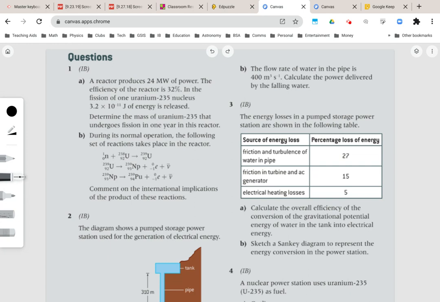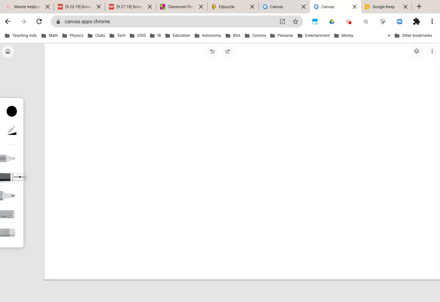We start with a reactor that produces 24 megawatts of power at an efficiency of 32%. We want to know how many uranium-235 nuclei we need to burn, to fission, in order to generate this 24 megawatts at 32% efficiency. Okay, let's take this information over here.